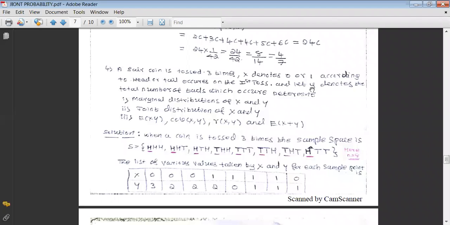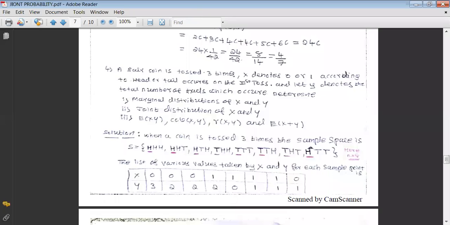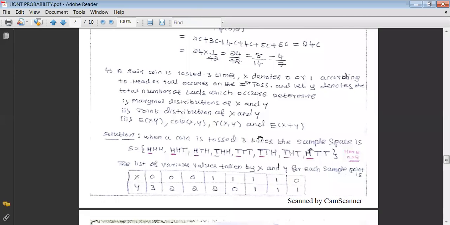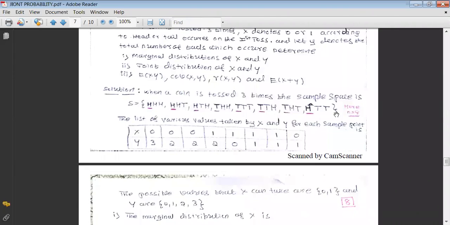Here we have written Y denotes the number of tails, but actually it represents the number of heads which occur. Please refer to it as heads instead of tails. Now we have written the sample space like this, and now let us write the values taken by X and Y for each of these sample points.